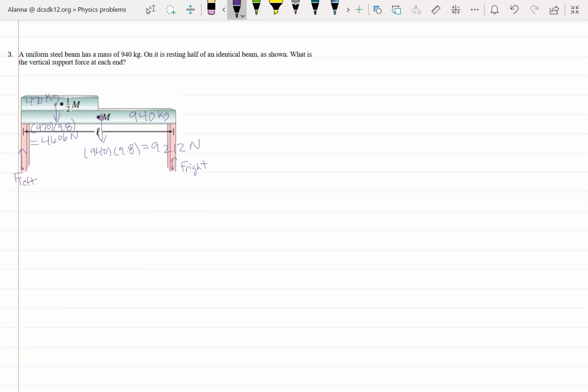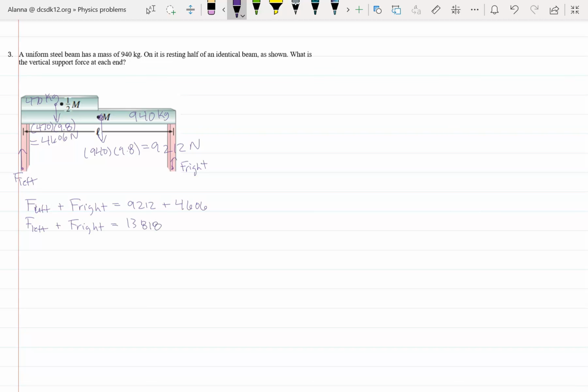So we want to say that F left plus F right equals 9,212 plus 4,606, and that ends up being 13,818.